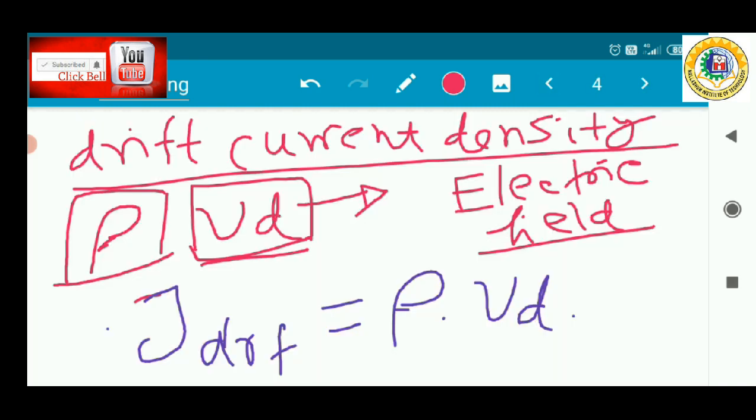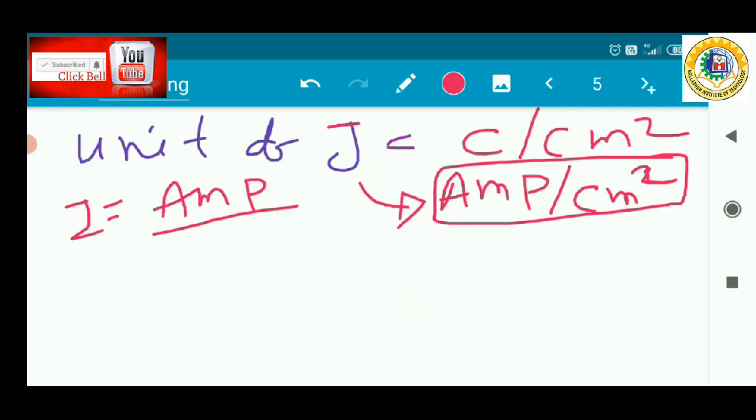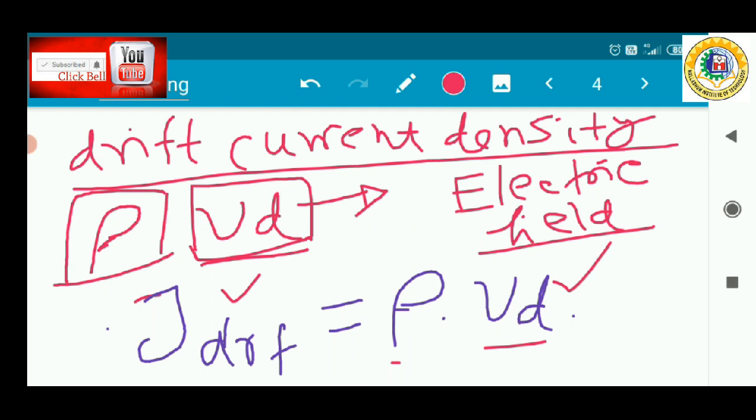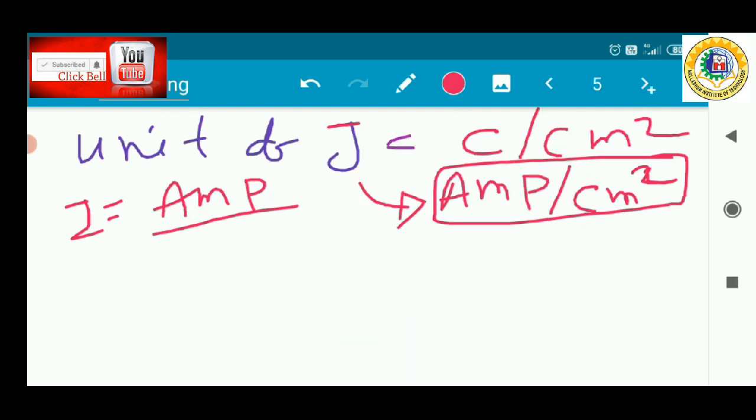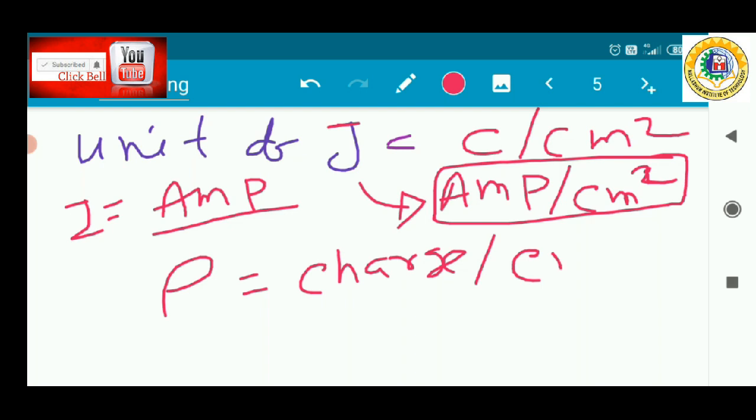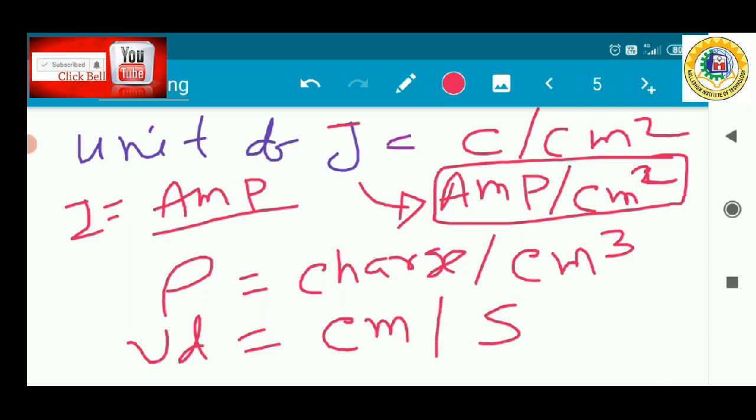So from the expression rho into Vd, let us see how the left side and right side of the equation match. You can see that rho is the volume charge density, so volume charge density is the charge per unit volume, which may be per centimeter cube, and Vd is the velocity in centimeter per second.